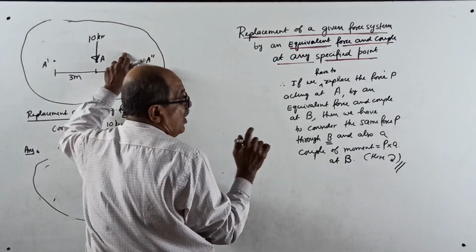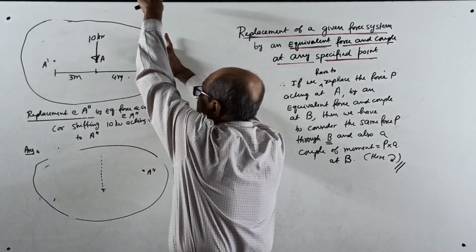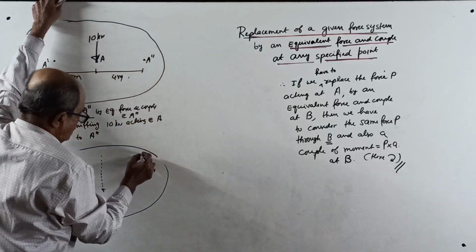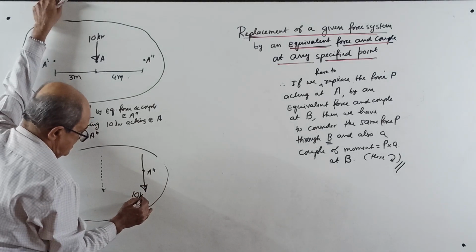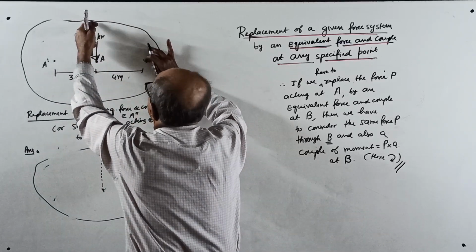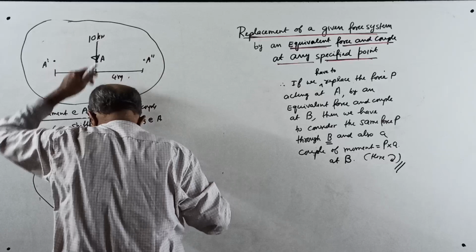Make a note. I am not repeating again and again. Then shift the force as it is. Come here, 10 kN. Then also the moment about this point is 10 into 4, anti-clockwise, 40.